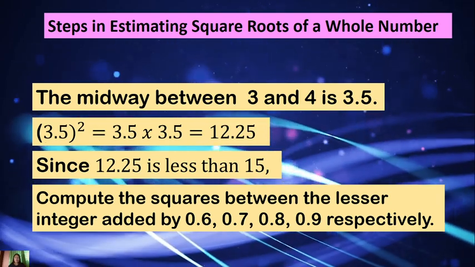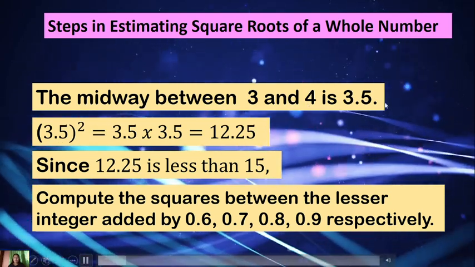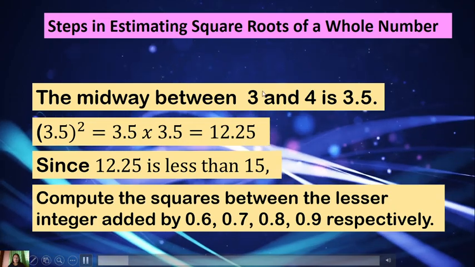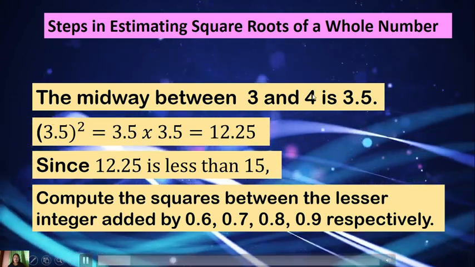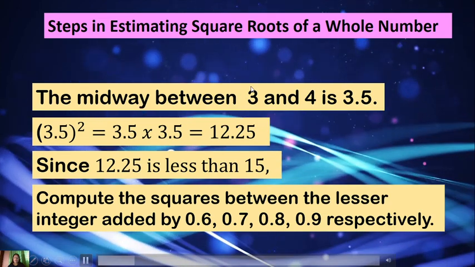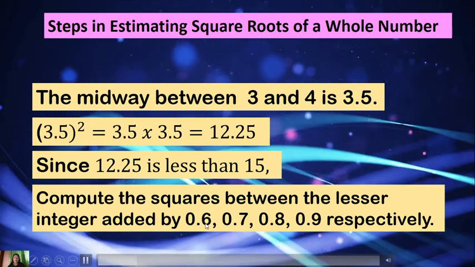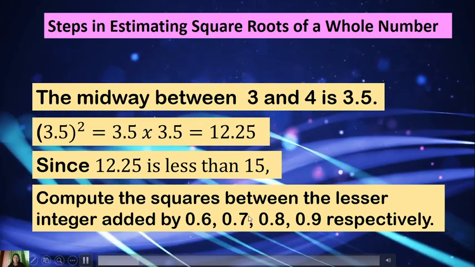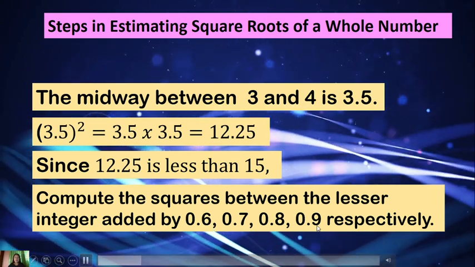Okay, so doon sa midway, dito sa two integers natin, ang kukunin mong principal root is 3 added by itong decimal na ito, 0.6, 0.7, 0.8, and 0.9.